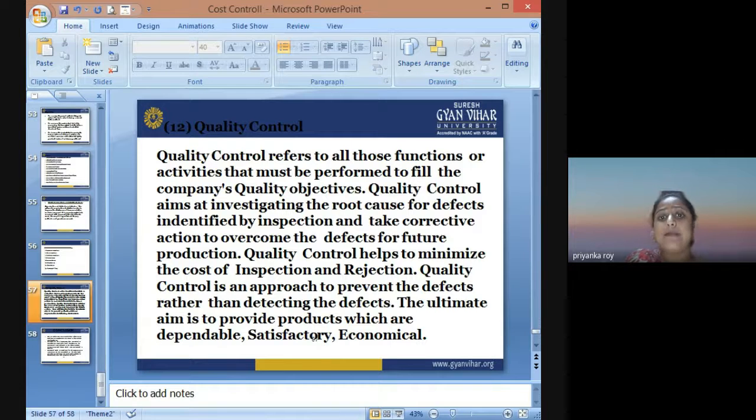Quality control helps minimize the cost of inspection and rejections. So quality control is an approach to prevent defects rather than to detect defects. The ultimate aim is to provide a product which is dependable, satisfactory and economical.